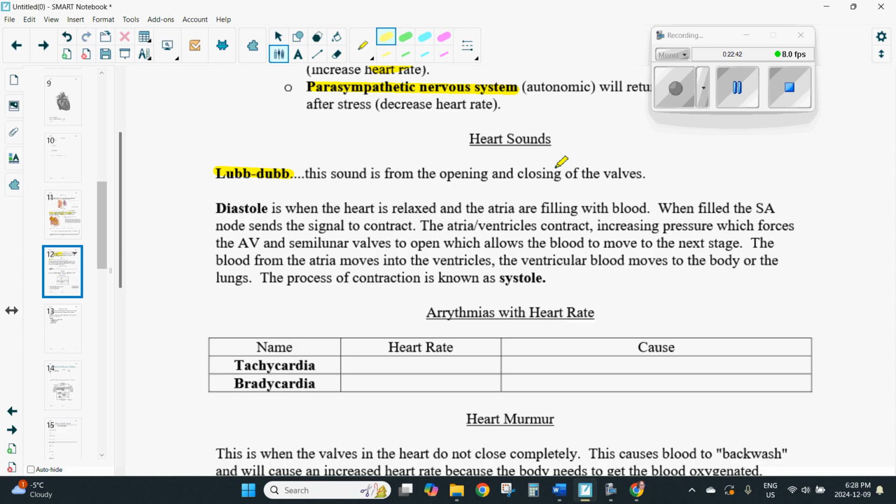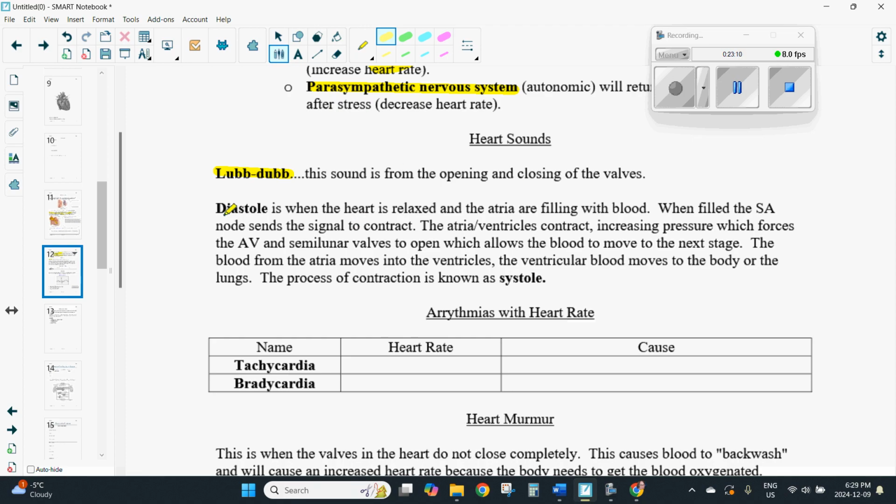And if there is something wrong with a valve, that means that you may have backflow issues. So this means that some of your blood may be flowing backwards in the body or backwards in the heart, technically, because we're talking about the heart. This means that your heart's going to be working a lot harder to push and pump the blood where it needs to go because it does have that backflow issue.